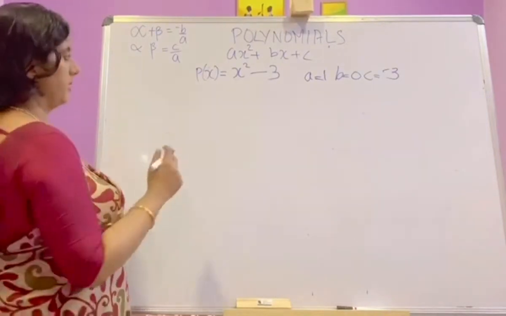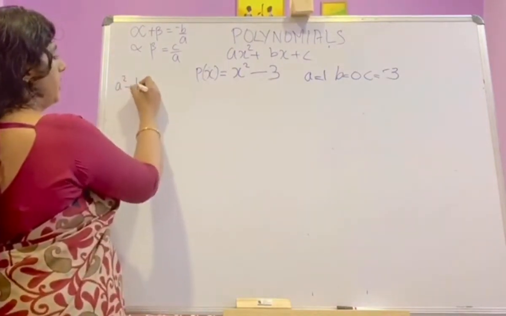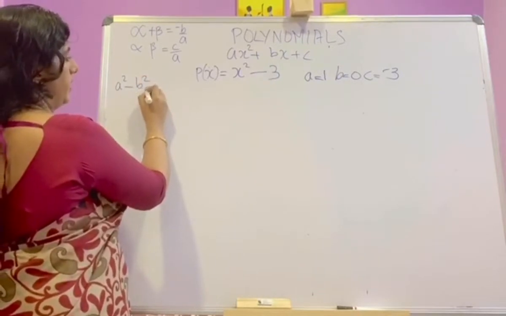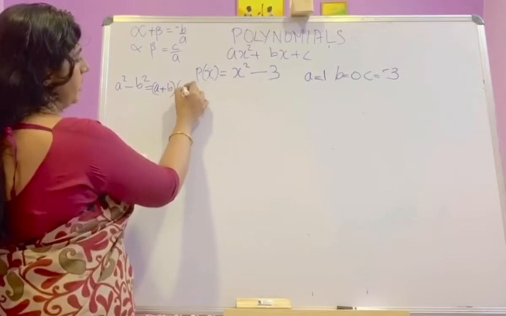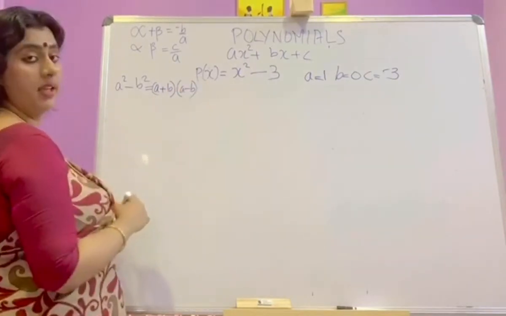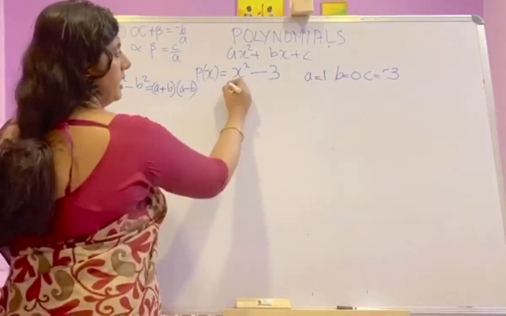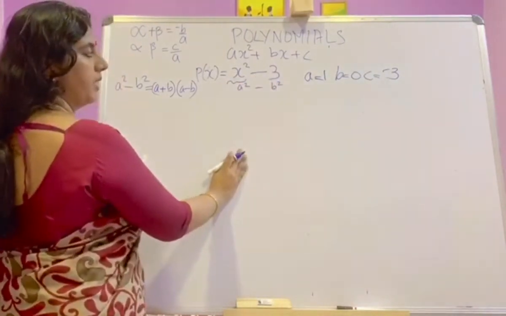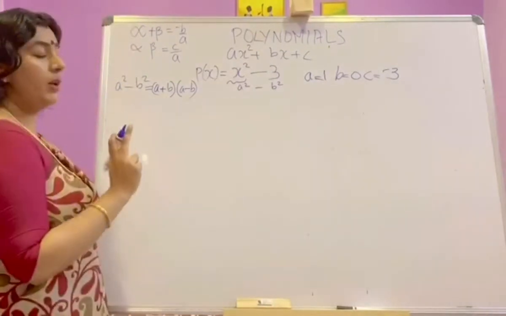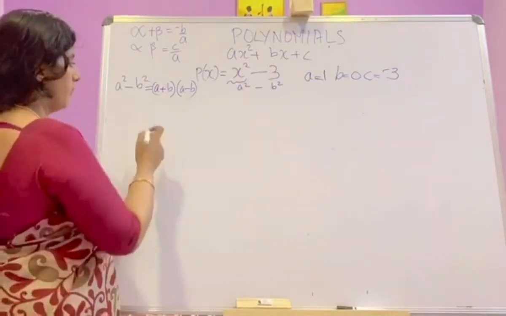Now, if these types of questions are given, first you want to apply the identity a square minus b square. The identity expansion is a plus b into a minus b. Now let us consider this as a square and this as b square. Now 3, how will you write it in the square form?